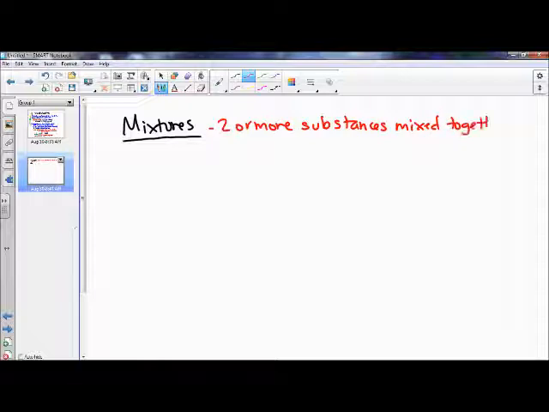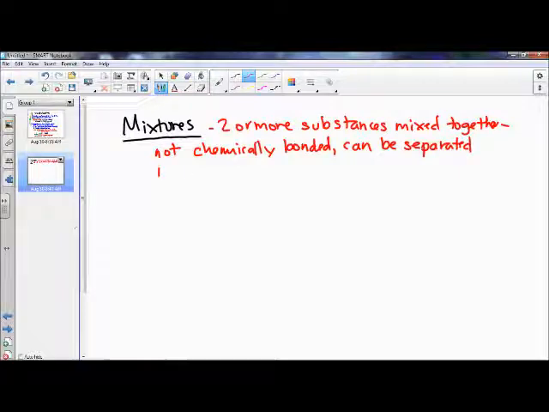Okay, they are not chemically bonded, which means they can be separated by physical means.